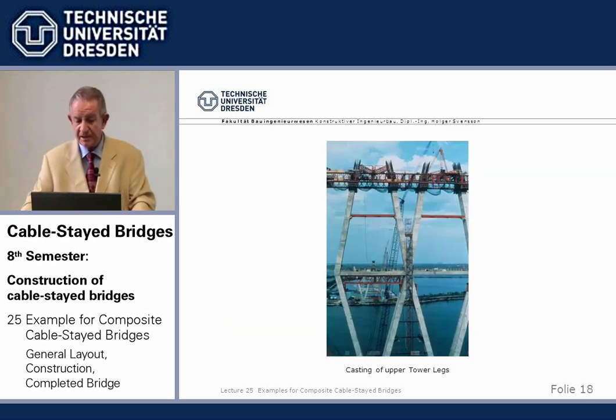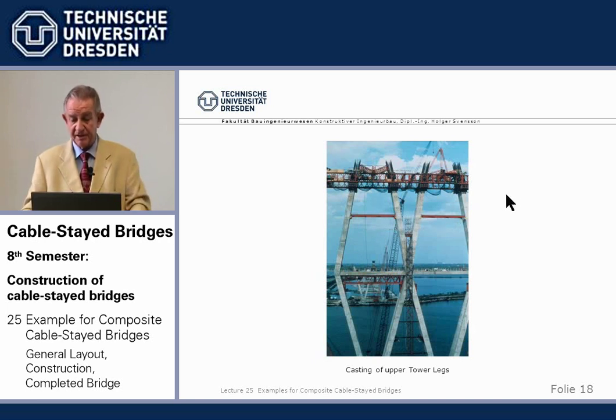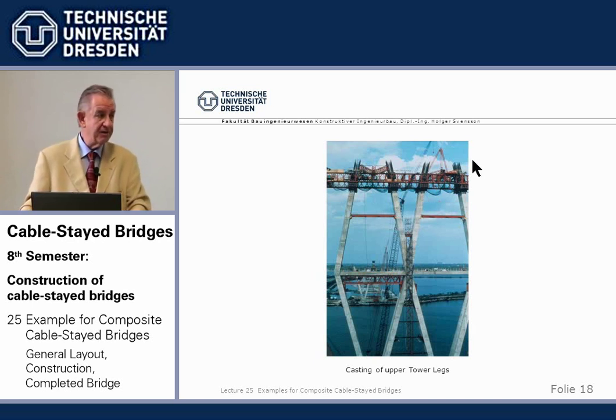And here then, at the top, they again used the truss to reach along both half towers. Here we see the temporary struts to take up the inclination, and here then the casting of the tower heads with the cable anchorages started.